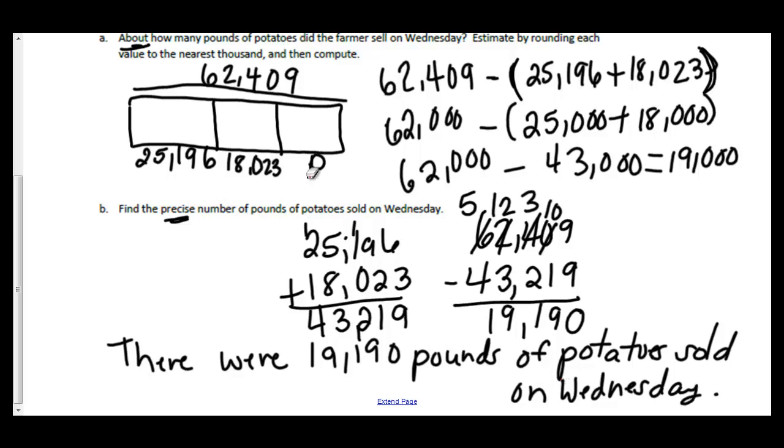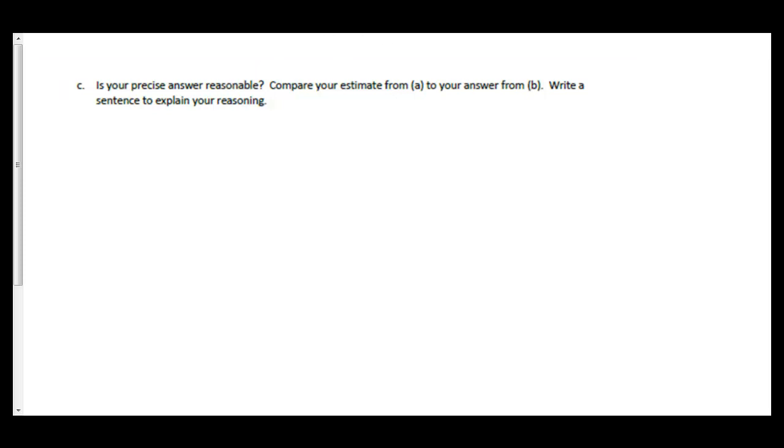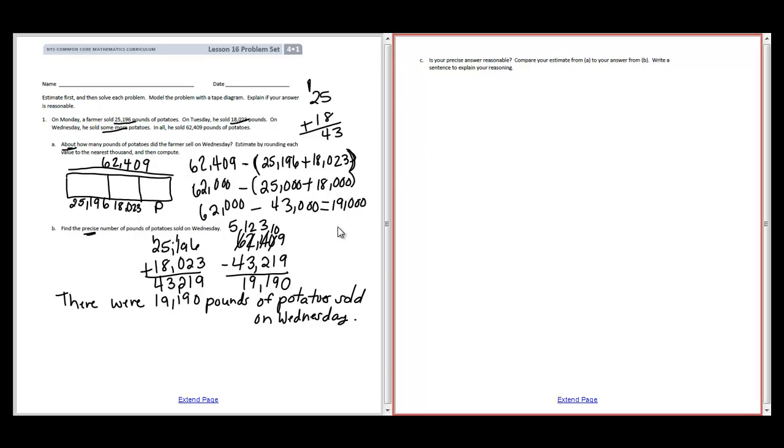Okay, so let's take a look at problem C. Is your precise answer reasonable? So I'm going to put this on split screen so that I can see. You can see obviously your whole page, but I can't. So it says compare your estimate from A to your answer B. Write a sentence to explain your thinking. Well, my estimate was 19,000 and my actual answer was 19,190. So is your precise answer reasonable?